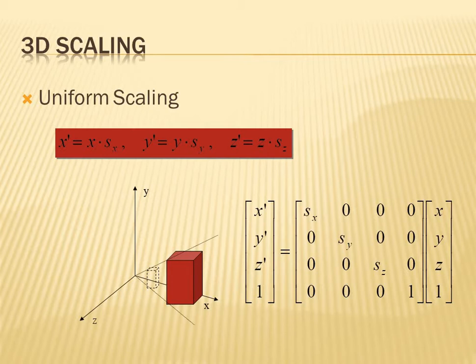If you keep the values of Sx, Sy and Sz as less than 1, for example 1/2 or 1/4, then the size of the object will be reduced after scaling. And if you put the values of Sx, Sy and Sz as greater than 1 like 2, 3, 4 etc., in that case the 3D object size will be increased.